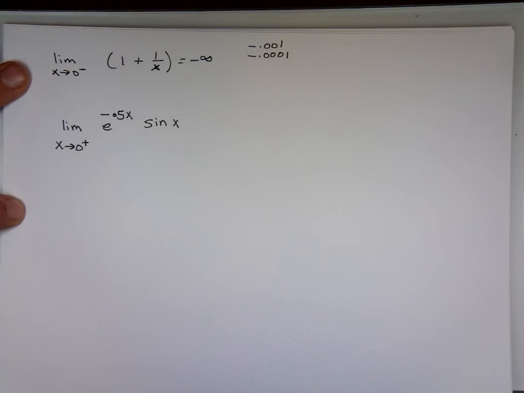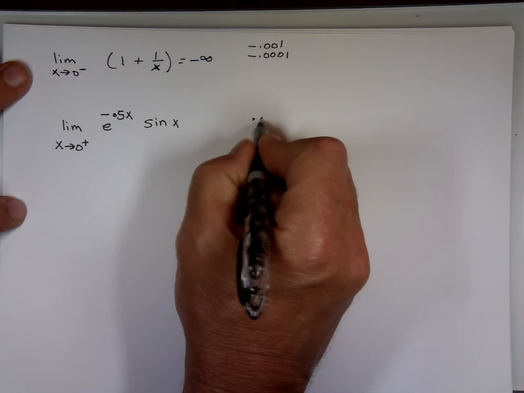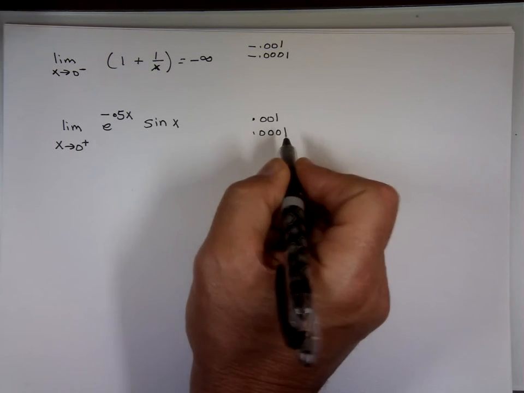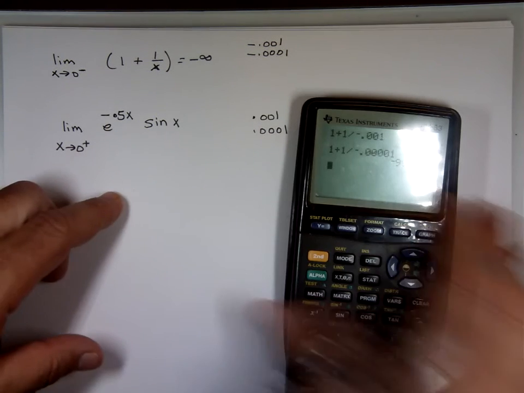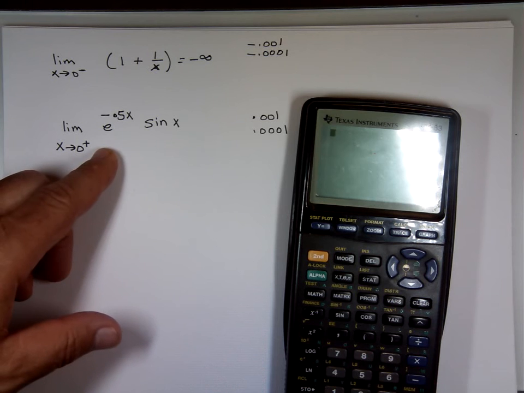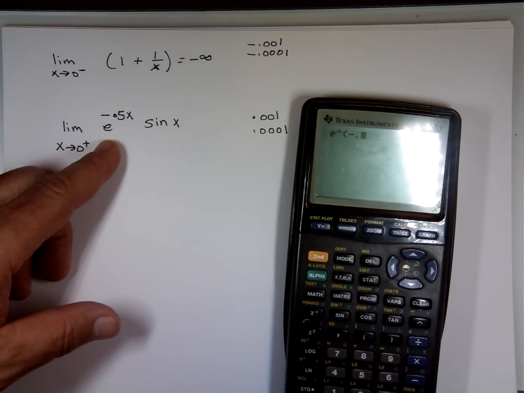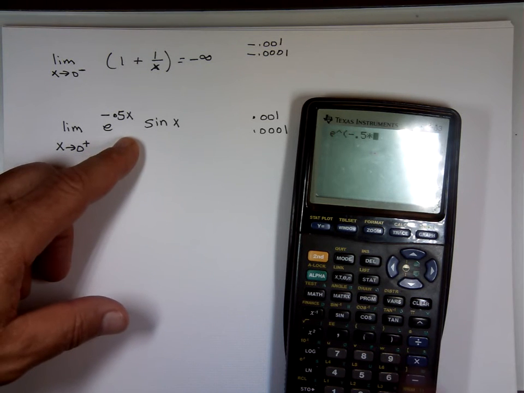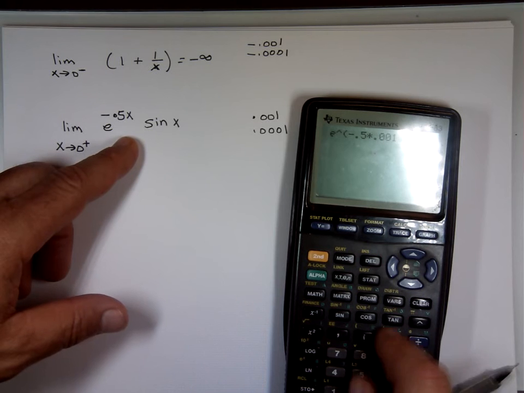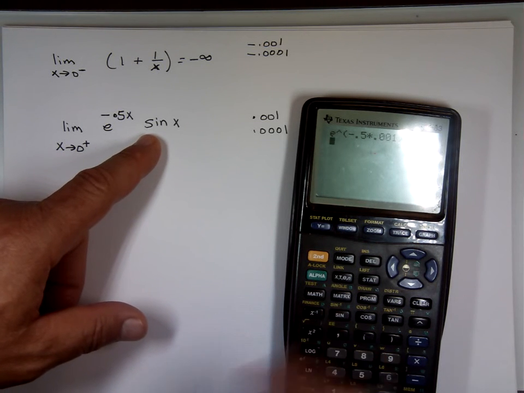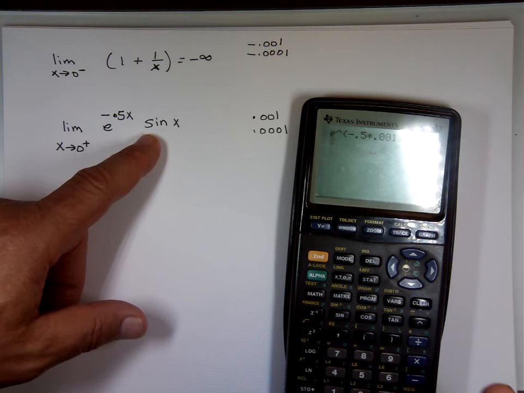Use from the right side, use 0.001 and 0.0001. E to the power, where's my e here? Negative 0.5 times 0.001, close that, that's e to the power, times the sine, and I really forgot to put me in the radian mode.